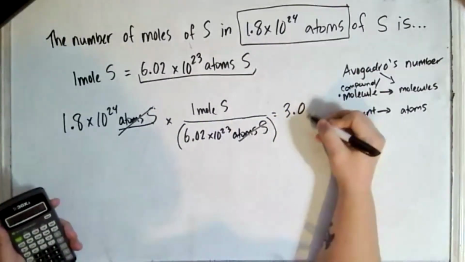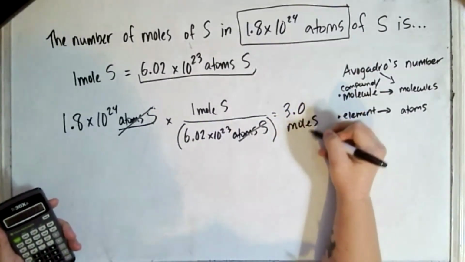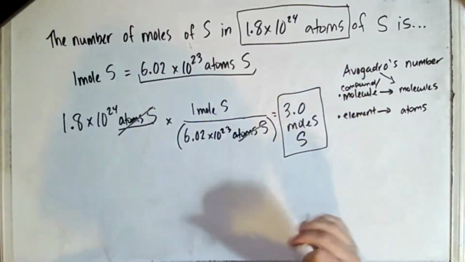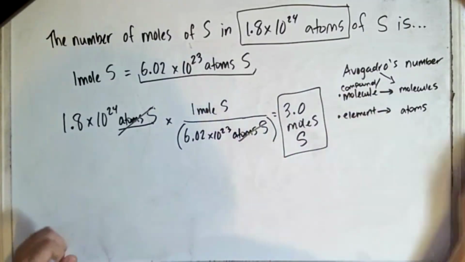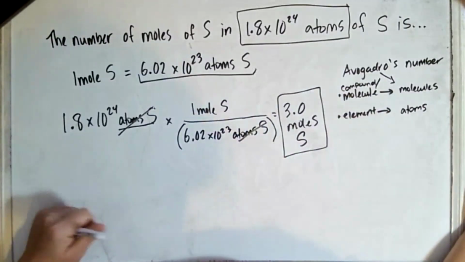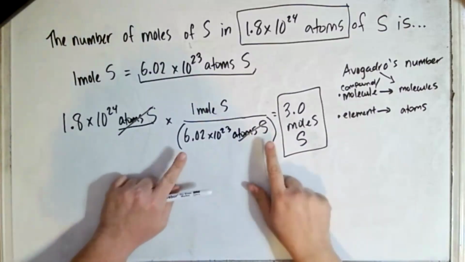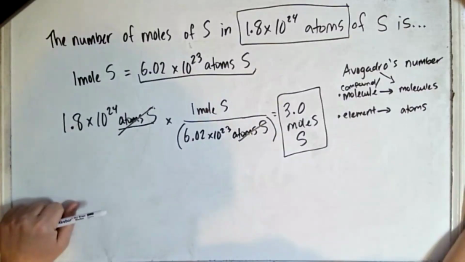So this will be 3.0 moles of sulfur. That will be our final answer. But when you put this in, if you end up getting 1.1 times 10 to the 48, that means you need to go back and put the parentheses around those.